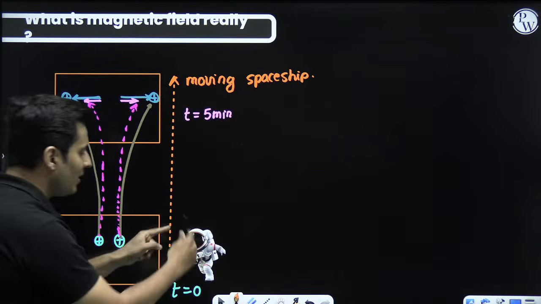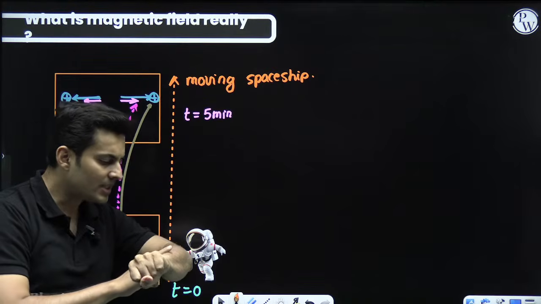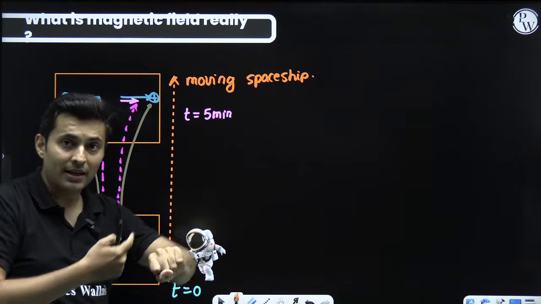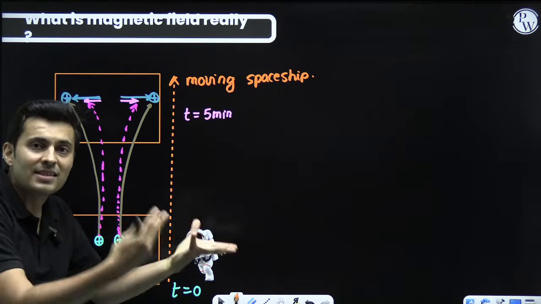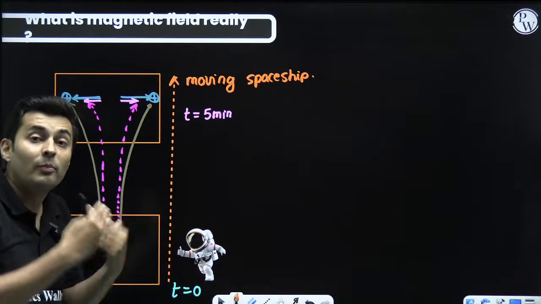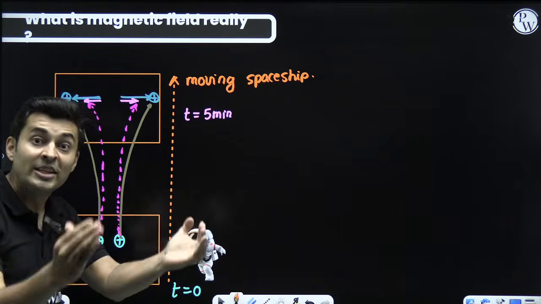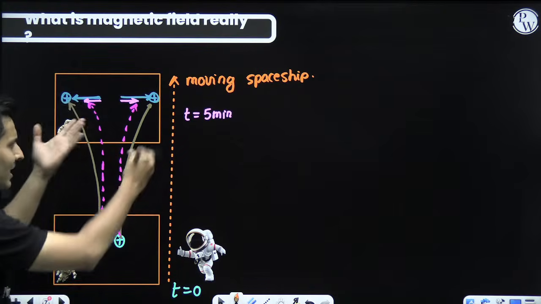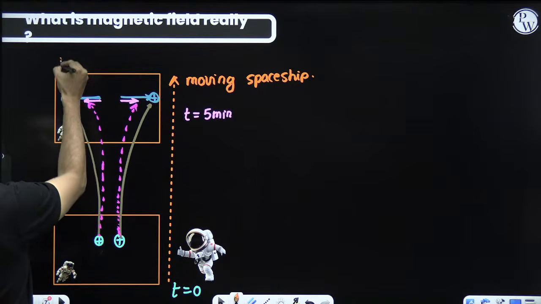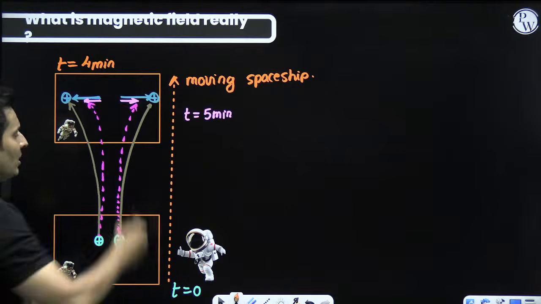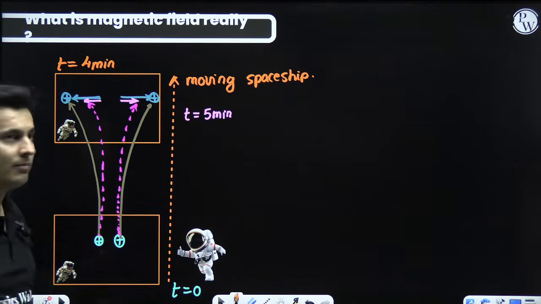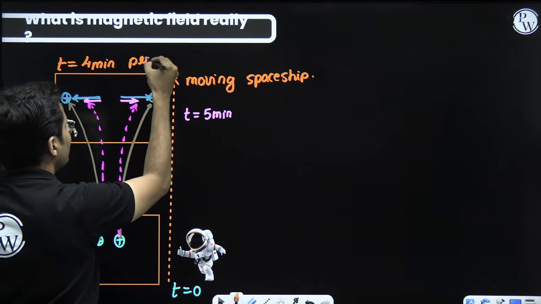If on his watch he sees that 5 minutes are over, he will perceive the spaceship to have progressed in time by less than 5 minutes. Maybe, just for example, 4 minutes. This is what is perceived.